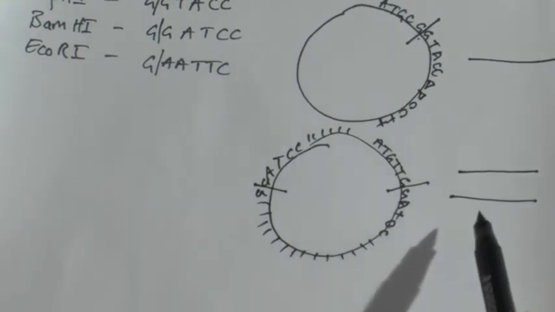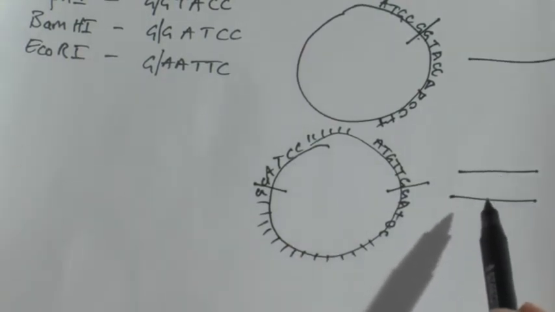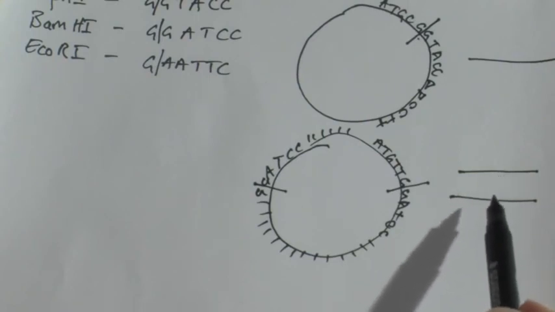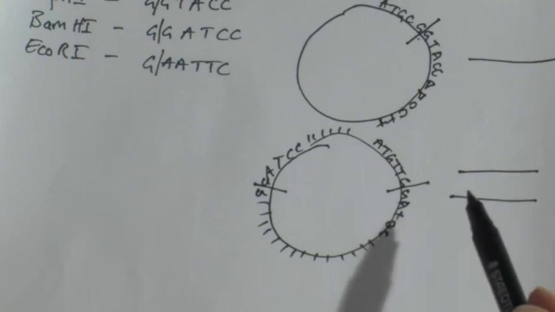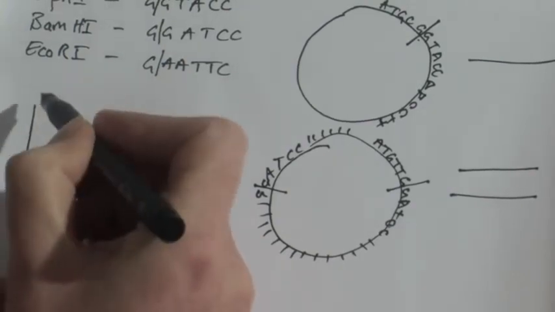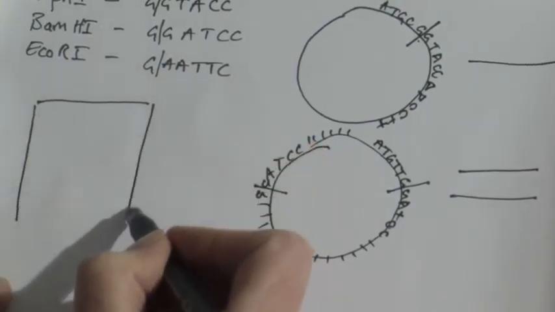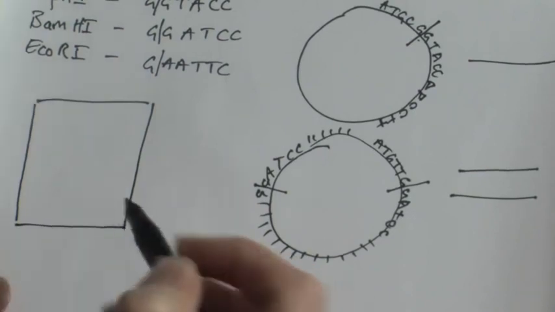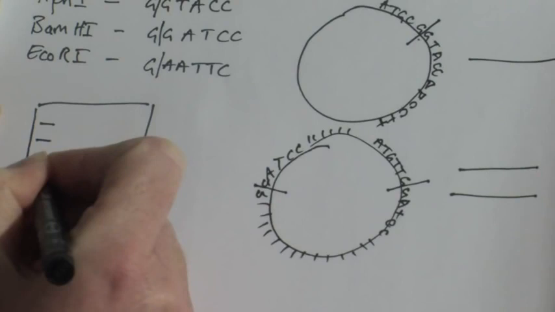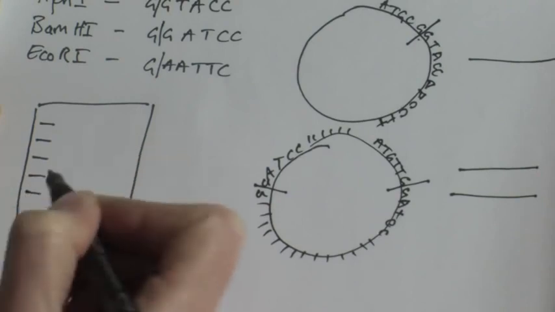I have no way of knowing how many fragments I have produced, or what size, what molecular weight those fragments of DNA have, until I have run them out on an agarose gel. If I was looking at an agarose gel here, and let's imagine we've got molecular weight markers, nice and simple, coming down here.